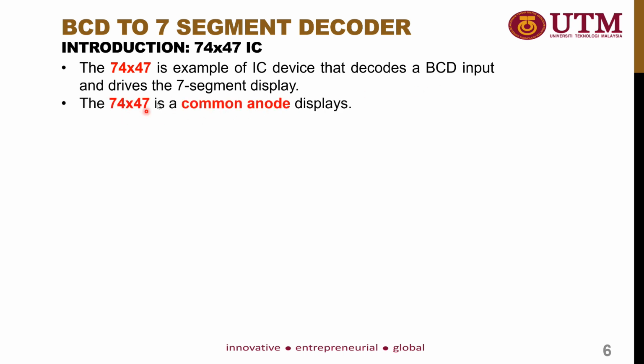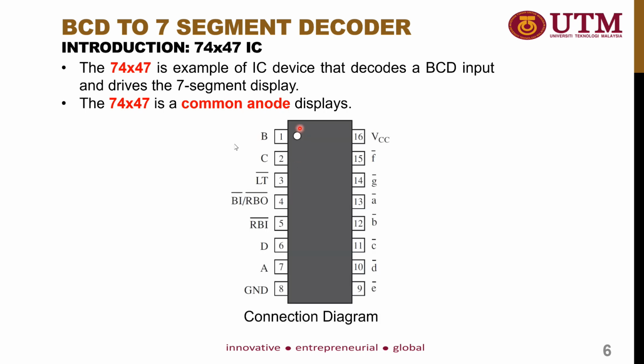This type of IC is for a common anode display, which means we need to give the ground connection to the 7 segment display in order to operate it. This is the connection diagram for the 74X47 IC. It has a total of 16 connections.